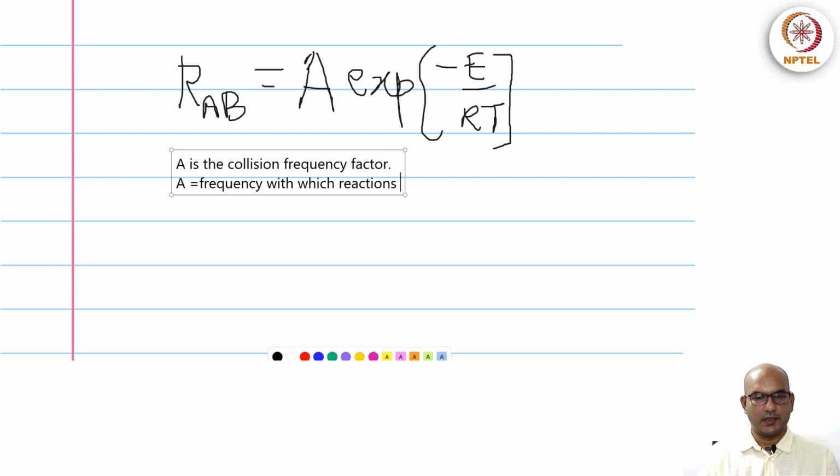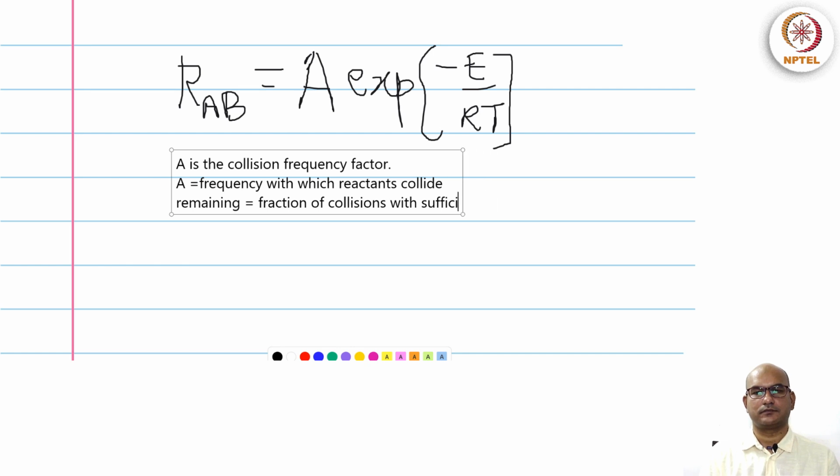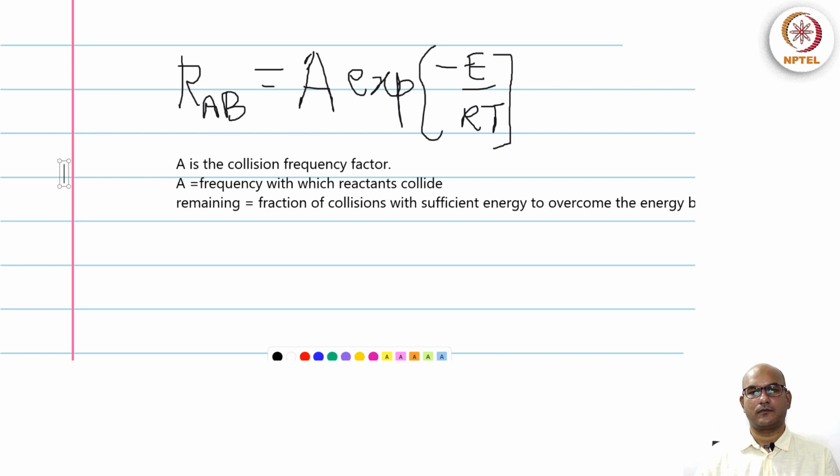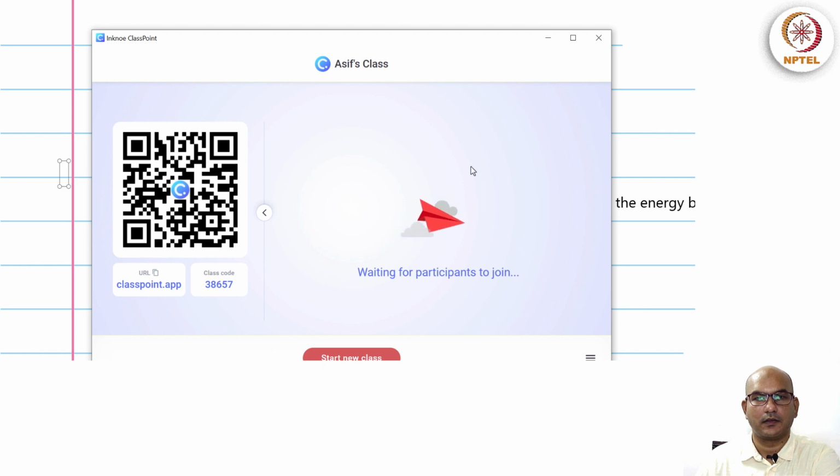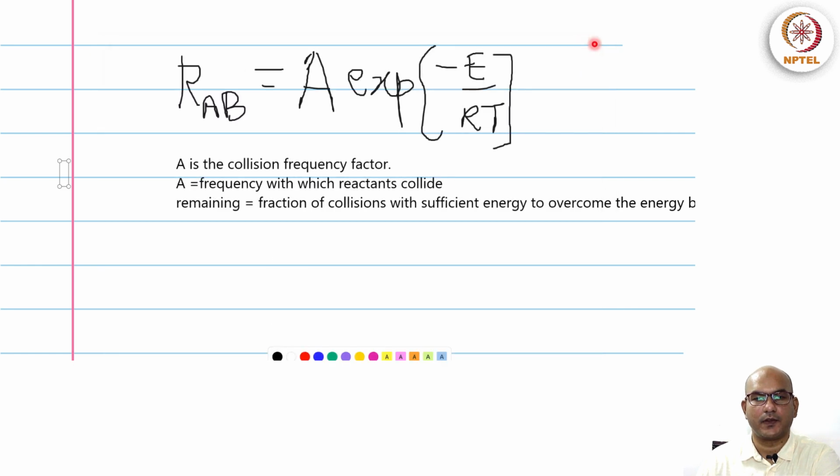So A denotes the frequency with which reactants collide, and the remaining, which is exponent minus E by RT, is the fraction of collisions with sufficient energy to overcome the energy barrier.